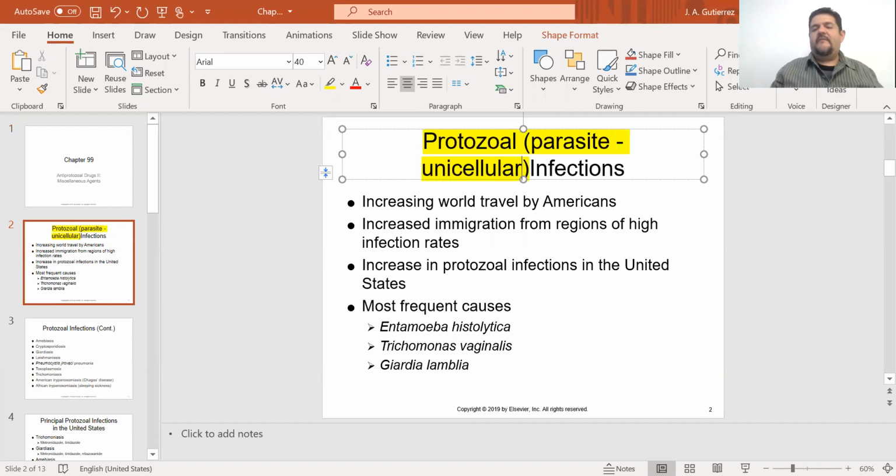That means they're the size of one cell, so they can get inside our cells and infect them. Obviously, we're not talking about the tapeworm or any other type of parasite that is more complex regarding cellular organization.